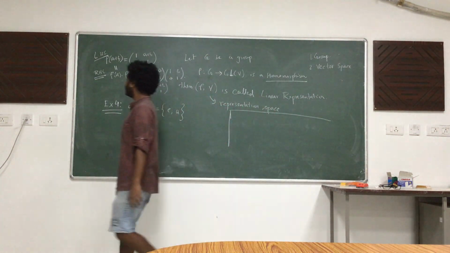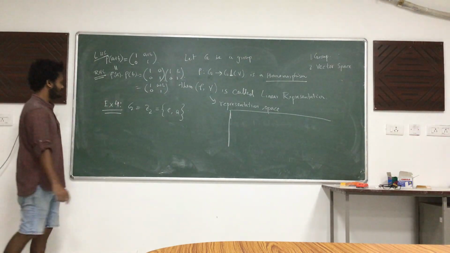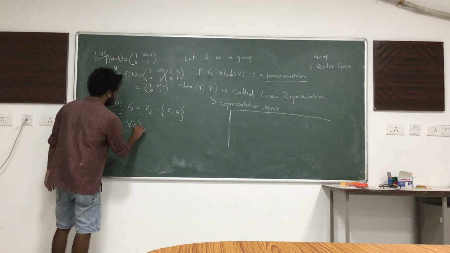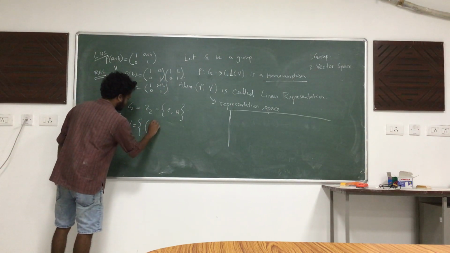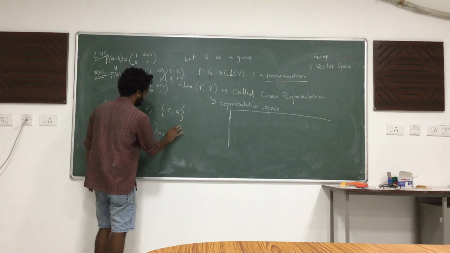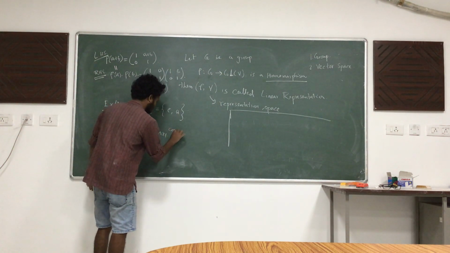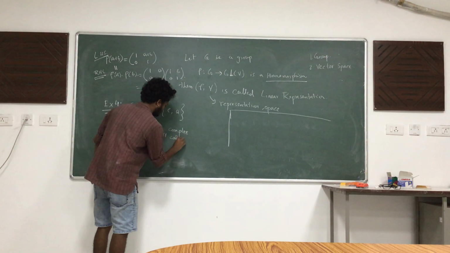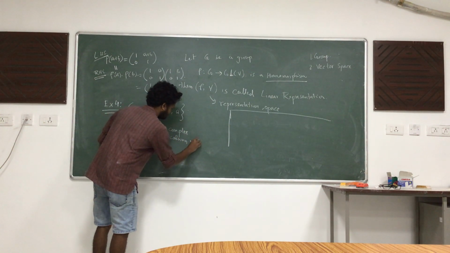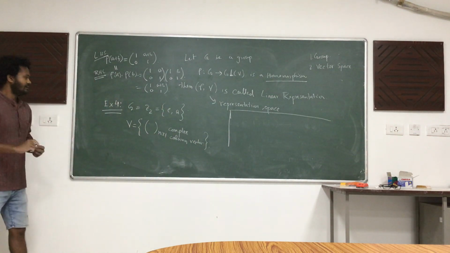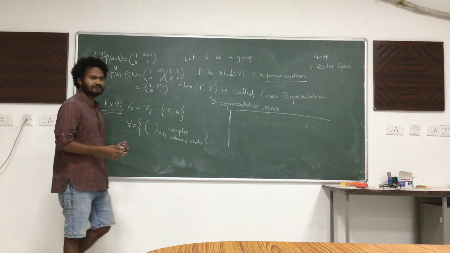And let us take any vector space. Let us say the vector space is a cross b, complex or real does not matter actually. Let us take a column. And what will be the representation?